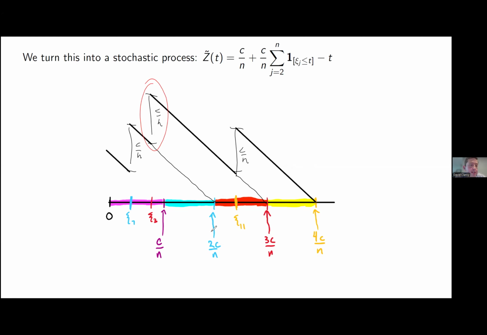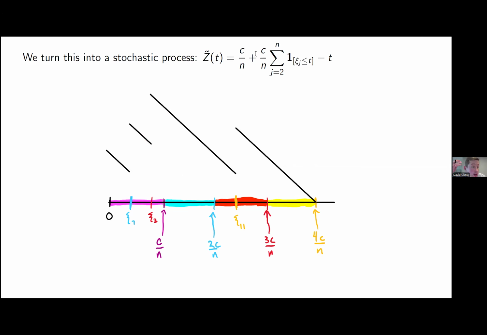And I should mention that we gave some arbitrary importance to the vertex 1. This jump at the beginning, c over n, is the vertex 1. We don't really want to impose this artificial condition where vertex 1 has this importance.